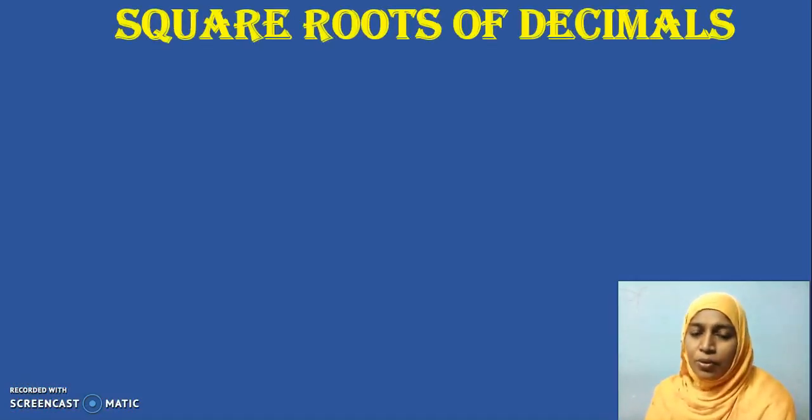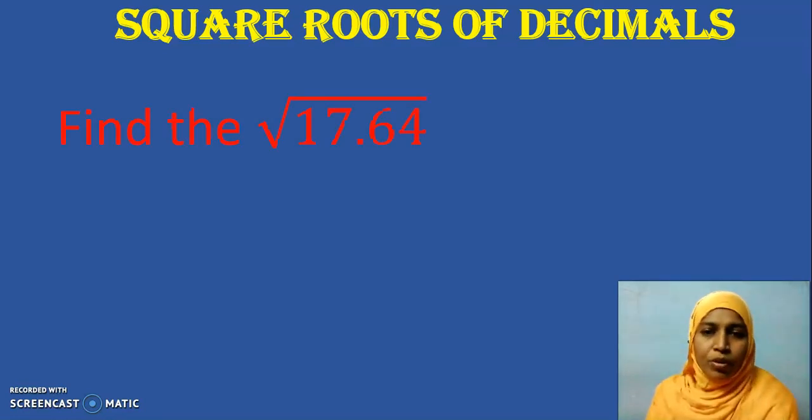Yes, children. Today we are going to see square roots of decimals. There is a slight difference between square root of a whole number and square root of a decimal. That's the thing that we are going to see today. Are you all ready? Okay.